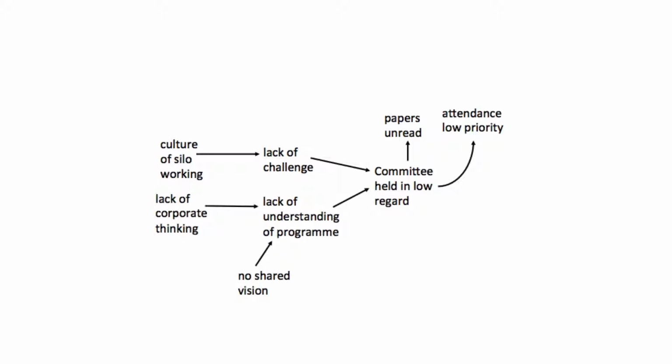The lack of challenge led to the committee being held in no regard. There was a lack of corporate thinking in this organisation and in this department, and that led to a lack of understanding about the programme. And there was no shared vision about it either, and that also led to a lack of understanding about the programme, and a lack of understanding about the programme led to the committee being held in no regard.